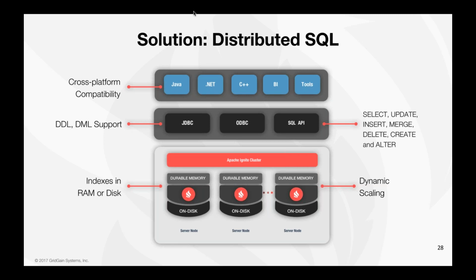So JDBC support, ODBC support, direct SQL API if you want it, and again, all the benefits in terms of the dynamic scaling, the elasticity, adding additional processing power as you need it. As your cluster gets larger, you add additional resources, and remove resources when you don't need that additional processing power.